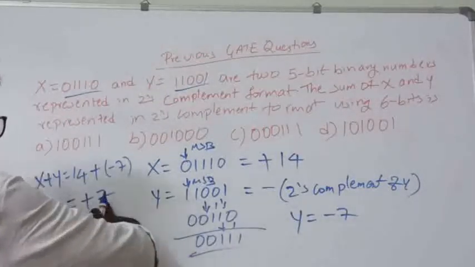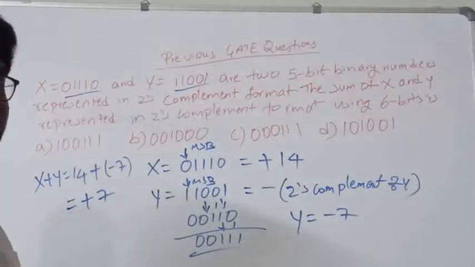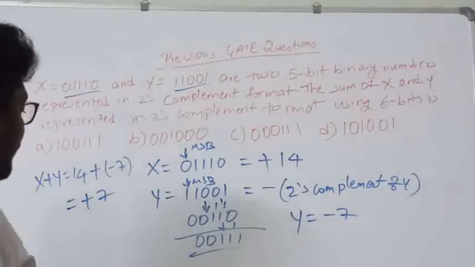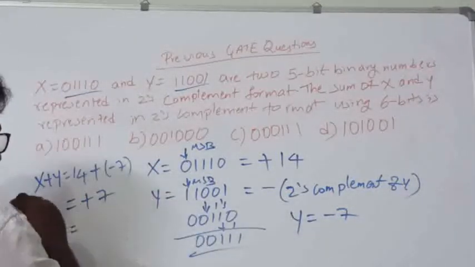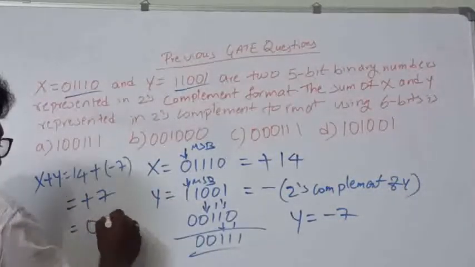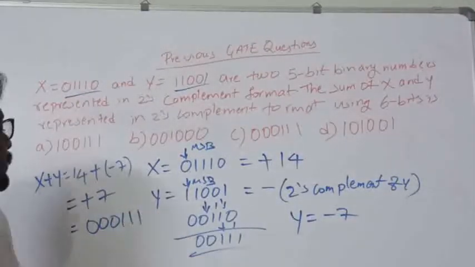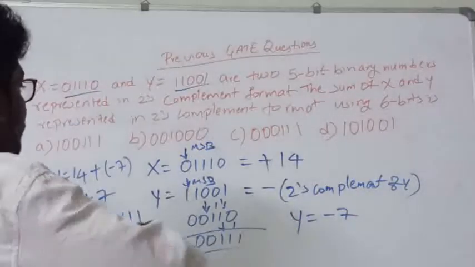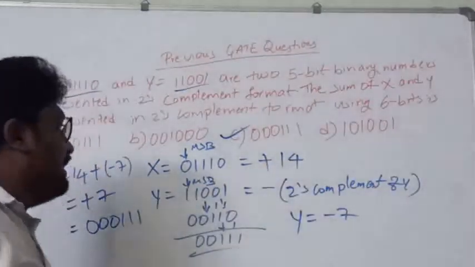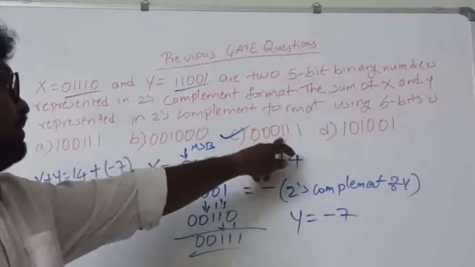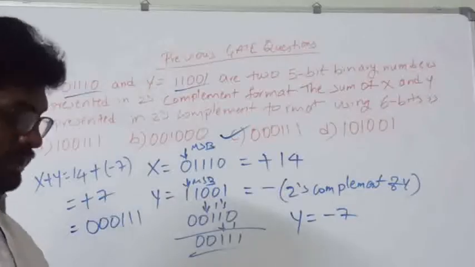So how can we represent this plus 7 in 6-bit format? We can represent this plus 7 as 0 0 0 1 1 1. So if you observe here, option C has this 7, 0 0 0 1 1 1, as our answer.